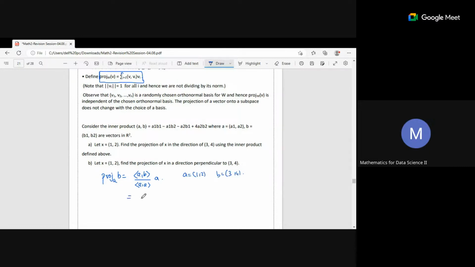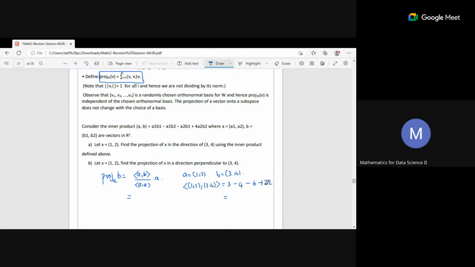So what is inner product A comma B with respect to this inner product? 3 minus 4 minus 6 plus 16, which is 25.